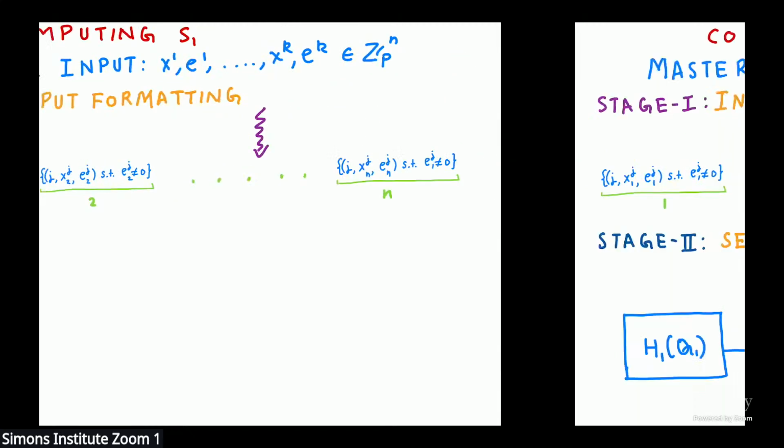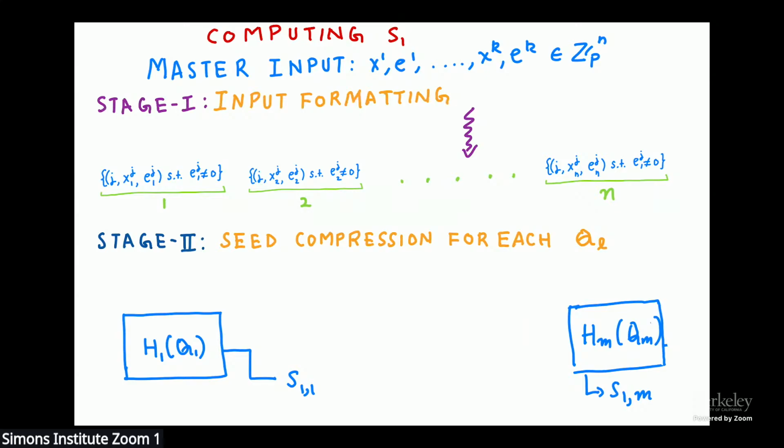So what's the first stage? There are n input components for k different inputs. I'm going to break it down into n components. And every component, or every chunk here, will have only the list of non-zero coordinates where you added error, listed according to the input index j, which goes from 1 to k.